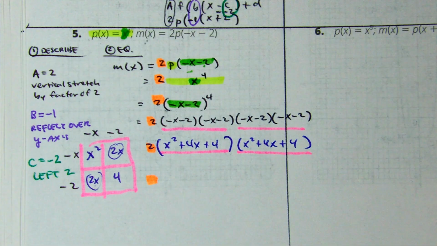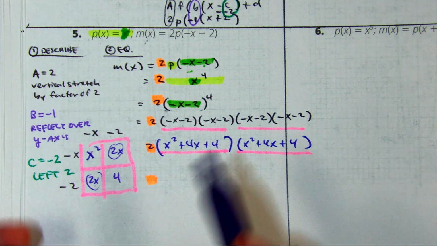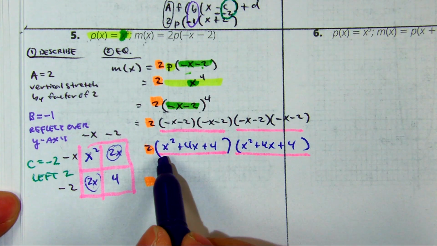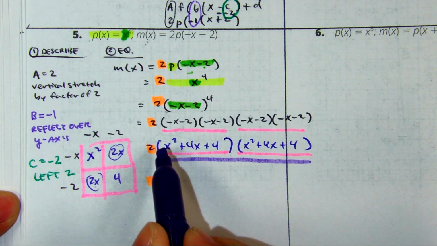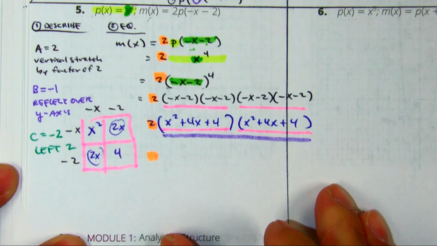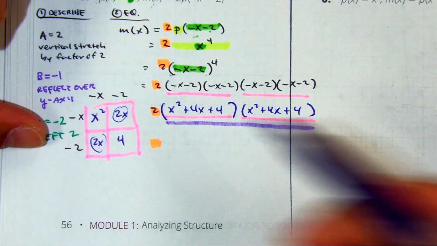Class, are we done simplifying? Nope, you gotta do it again. Super big box. And this is the reason why FOIL doesn't work. Now I have to multiply a trinomial times a trinomial. Let's do that over here.